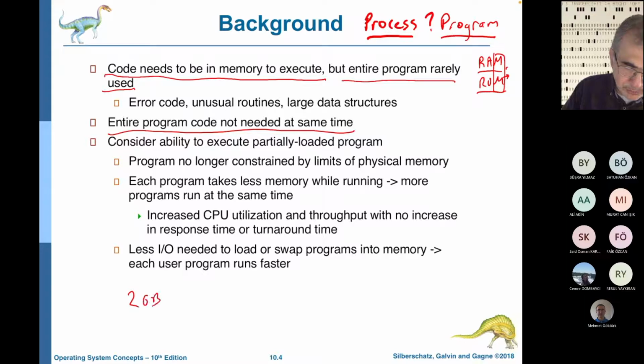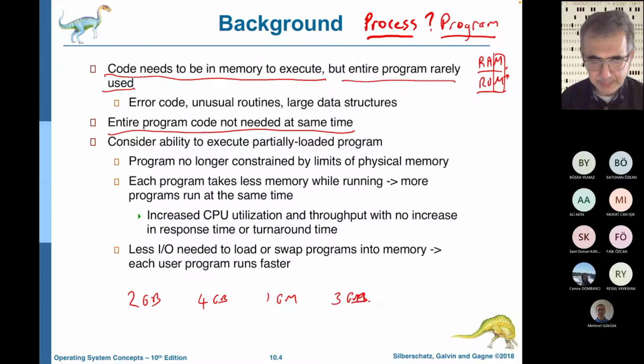Suppose we have 2 gigabyte, 4 gigabyte, 1 gigabyte, and 3 gigabyte applications, as theoretical sizes. So 2 plus 4 is 6, plus 1 is 7, plus 3 is 10. 10 gigabytes of applications.